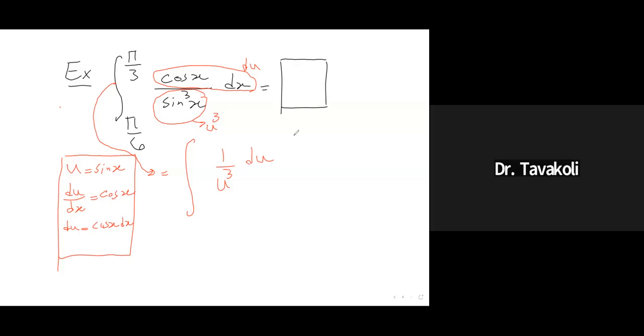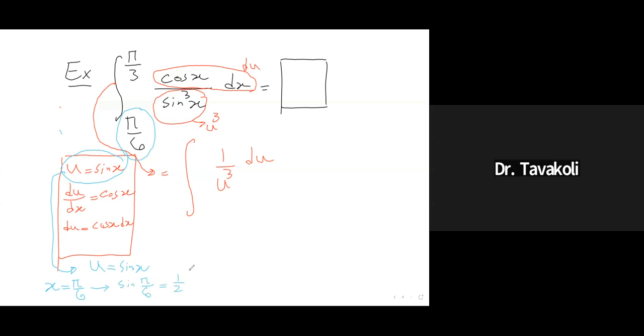One important thing is to change the limits of the integral according to substitution. So what's the substitution? The substitution is u equals sine x. Let's see how it affects the limits of the integral. So u is sine x. When x is pi over 6, from pre-calculus, what was the sine of pi over 6?